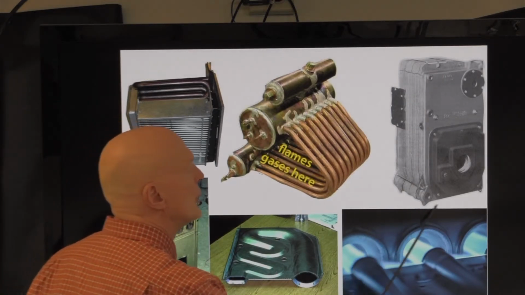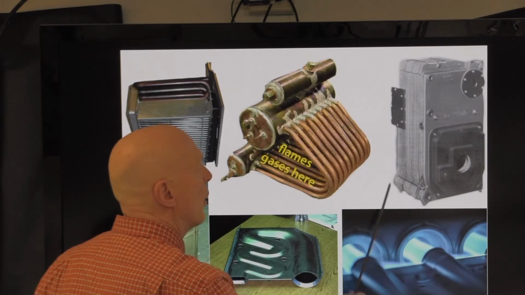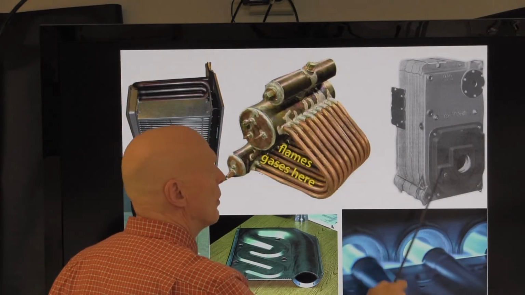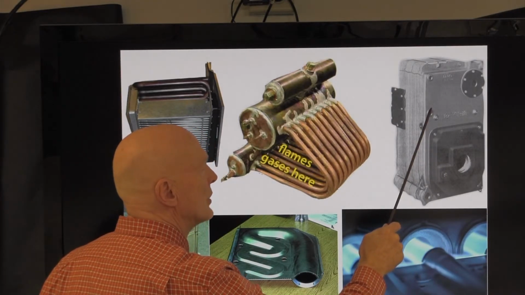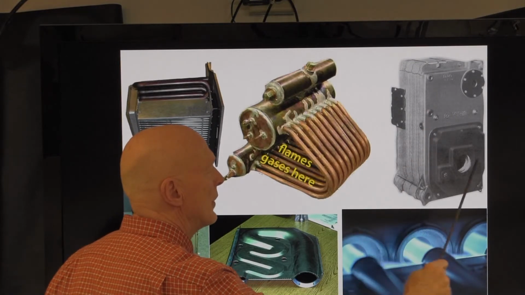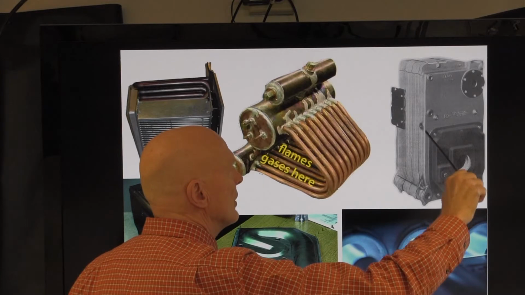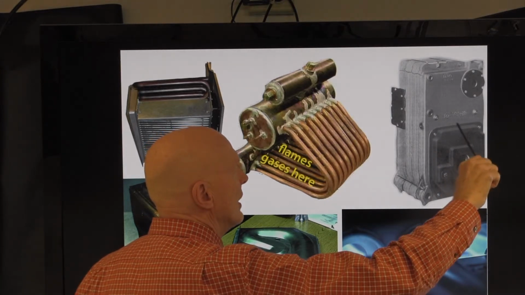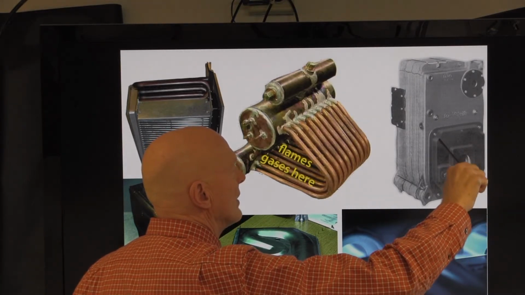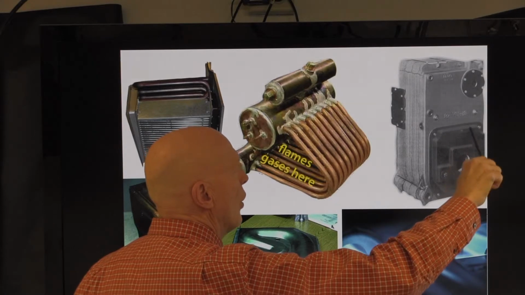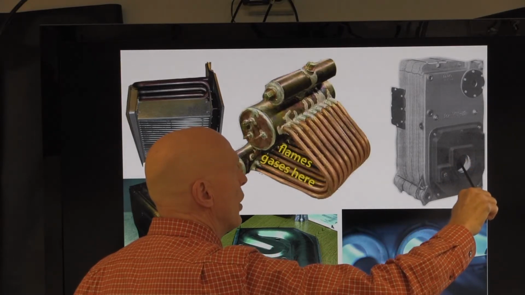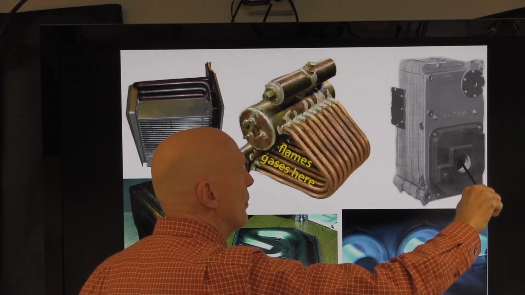This is the heat exchanger for a cast iron boiler, a cast iron sectional boiler. These cast iron sections are filled with water, but there's a hole through these sections. There's a section that is cordoned off right in here, and this is where the burner goes. And the burner burns in here.